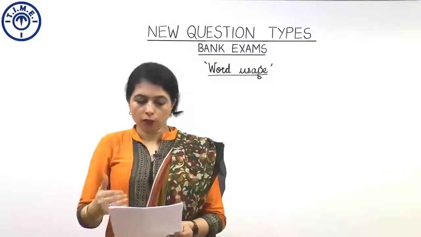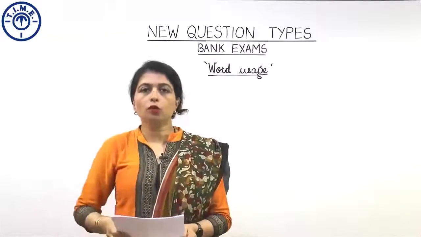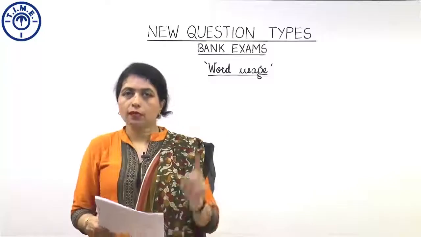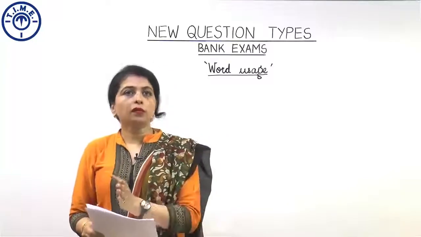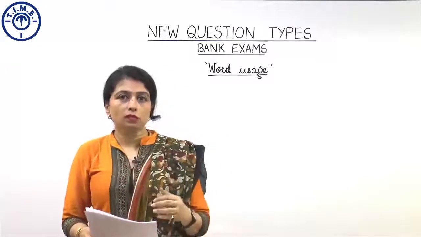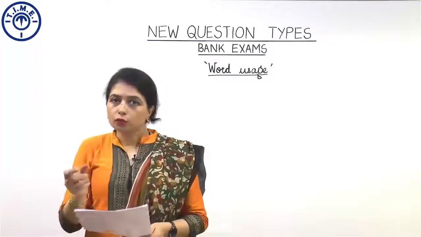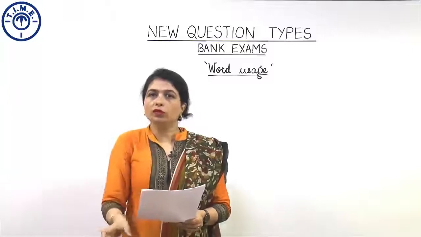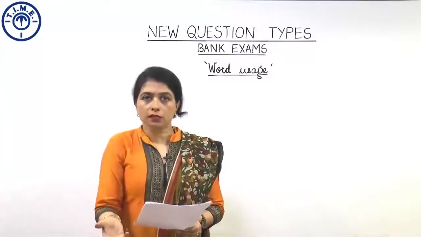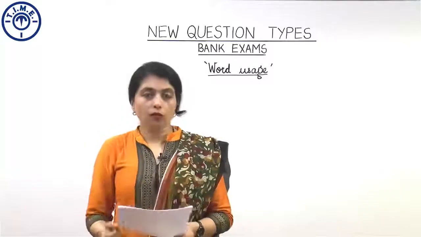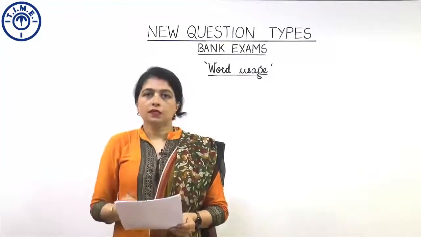Now, you have column A and column B. Column A gives you all those words which are there in the sentence in bold, and column B gives you suggestions of those words. That means, you may decide to use any of those words which are given in column B to improve the sentence in case you feel that there is an error in any of those words. Fine. Please take a look at the monitor.